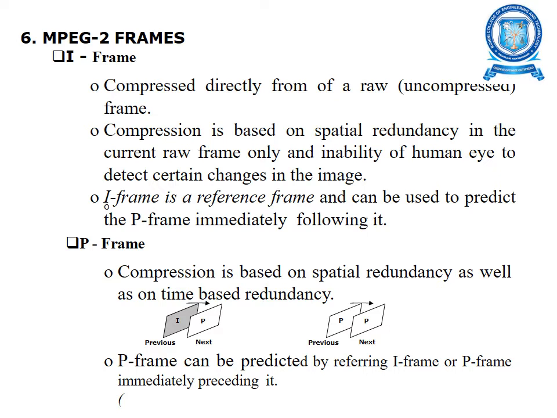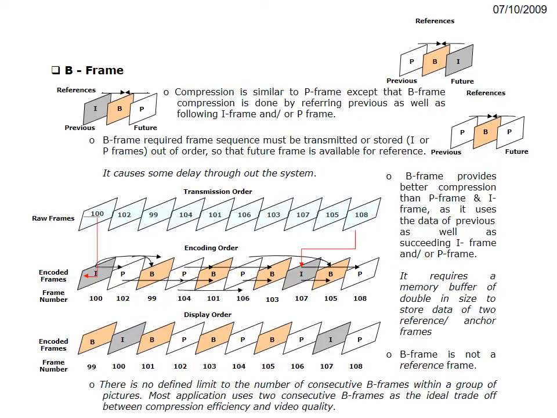Next frame is the P frame. Its compression is mainly based upon the spatial redundancy as well as the time-based redundancy. This P frame can be predicted by referring to the I frame or P frame that is immediately preceding. So next thing is the B frame.